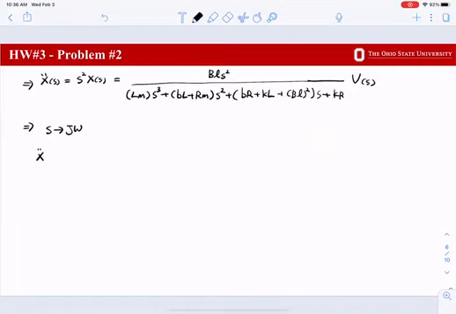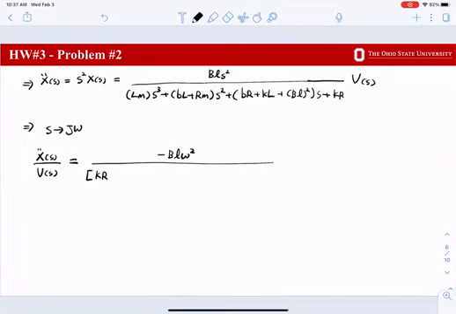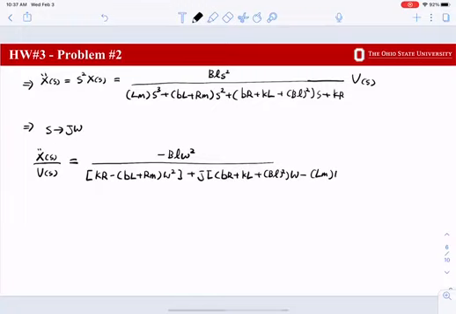So the transfer function, acceleration over the input voltage source, equals minus BL omega squared over kR minus (bL plus Rm) omega squared plus j times (bR plus kL plus BL squared) omega minus Lm omega cubed.